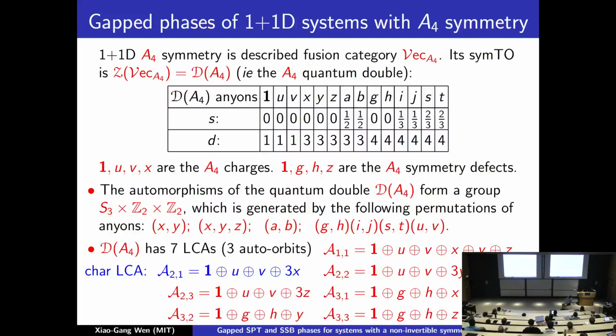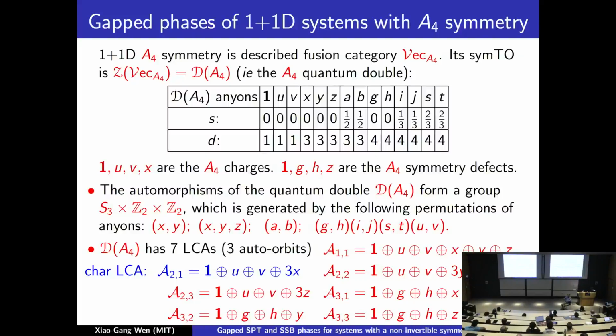It turns out that these four onions 1, U, V, X correspond to the A4 charges, because this A4 quantum double in 2+1 dimensions is basically A4 gauge theory, and A4 gauge theory has A4 charges. The others, Y, Z and so on, are A4 symmetry defects.